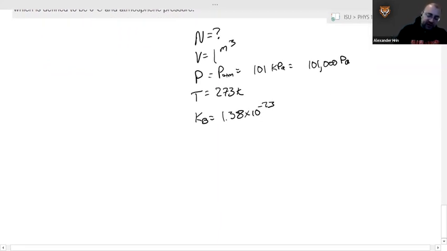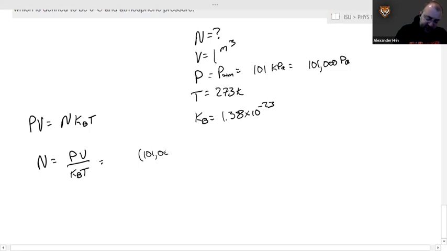And so we can set up our ideal gas law, PV equals N k_B T, solving for N equals PV over k_B T. And that's just going to be 101,000 times 1.38 times 10 to the negative 23rd over 270 times 273.